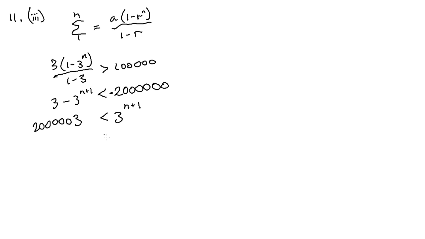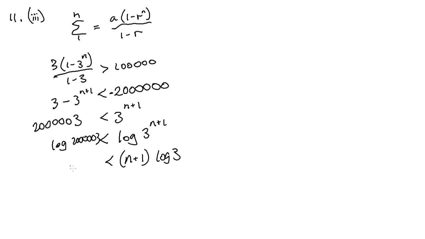And you take log base 10 of both sides, so log of 3 to the n plus 1 is log of 2,000,003. And because of the power law, you can bring the n plus 1 down to the front and log 3 by its own, and you get the massive log of that.